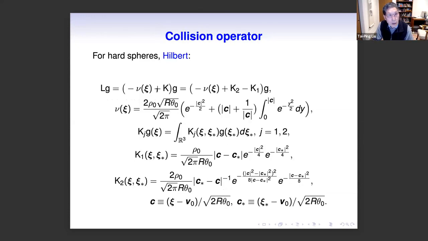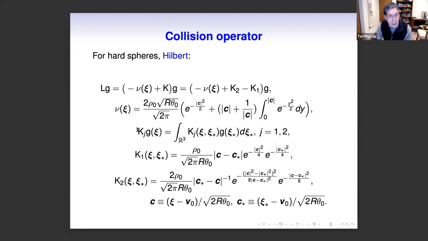Now, the collision operator, as is known to most people here, for the hard sphere model, Hilbert has explicitly computed and given an explicit form of the collision operator.